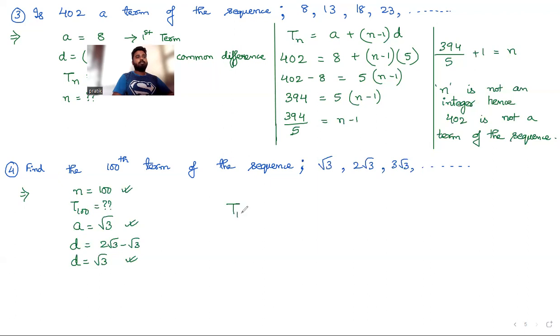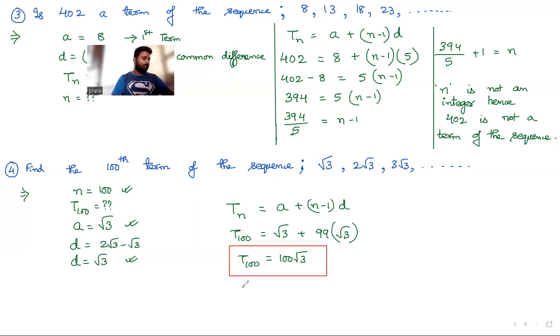So t of 100 is equal to a plus n minus 1 into d. Substituting, this is root 3 plus 100 minus 1, that is 99, into root 3. When you calculate this, t of 100 turns out to be 100 root 3. So that's your final answer.